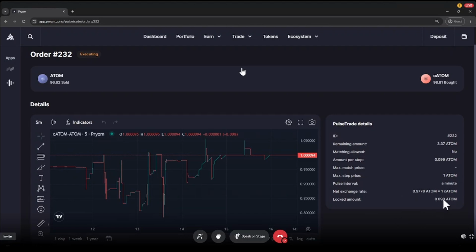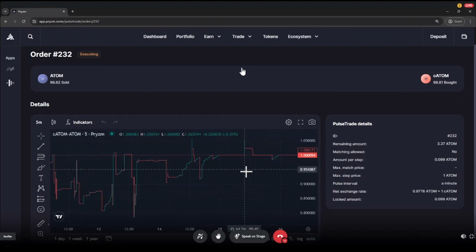And the fun thing about pulse trade is, even though I've said I want to sell 100 ATOM, and I only want to sell 0.099 ATOM per minute, it only actually takes the amount for each next step out of my wallet. So I retain full custody of all my ATOM, and I only do the 0.099 for the next step, which happens every minute.